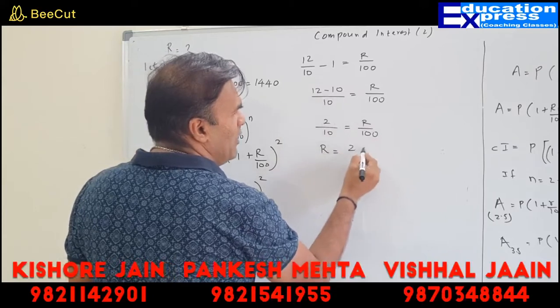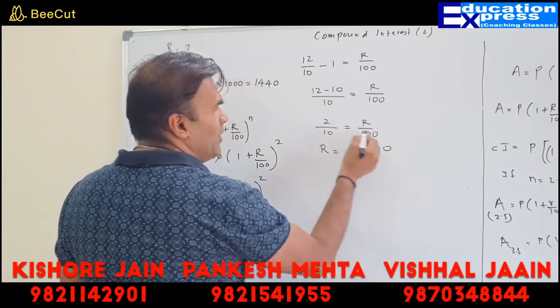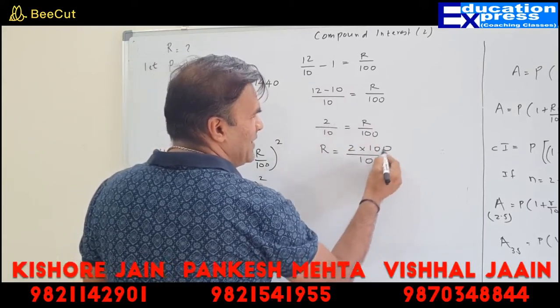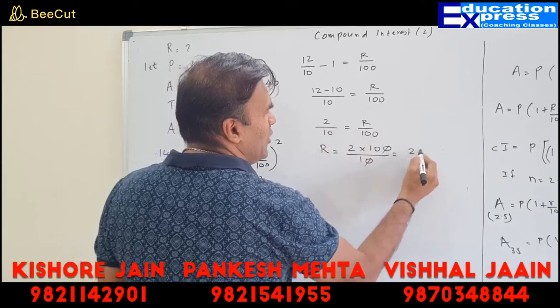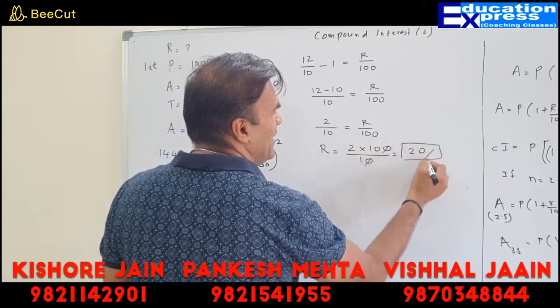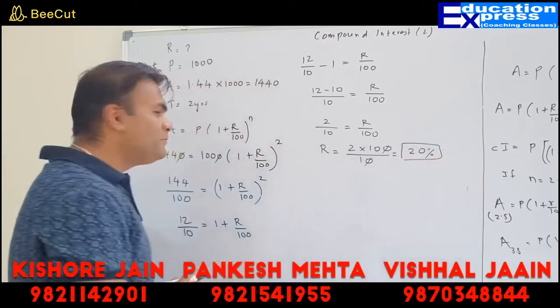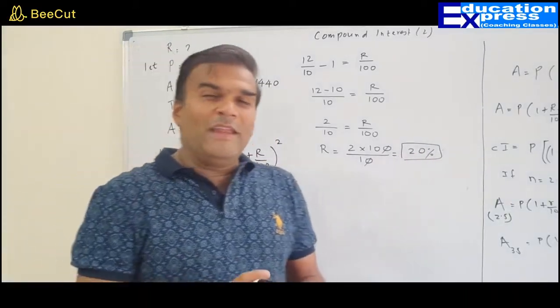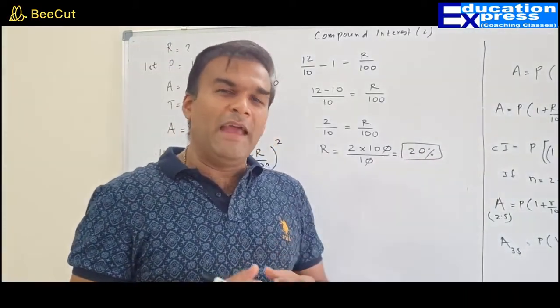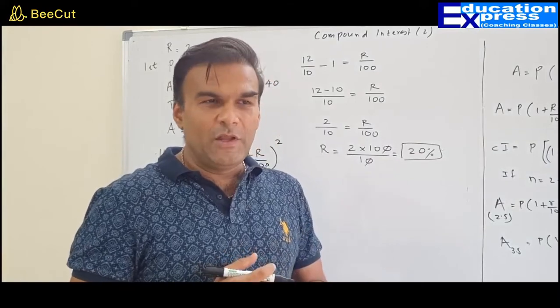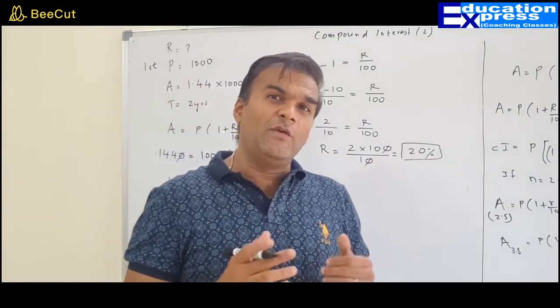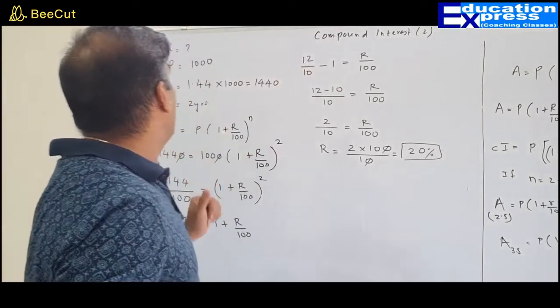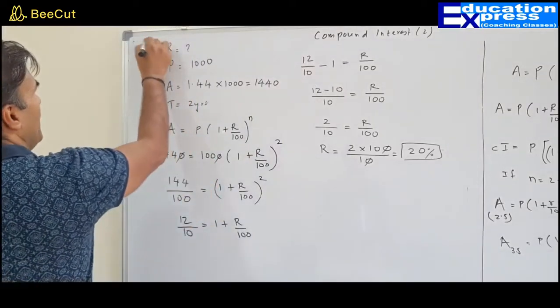So 100 will go up next to 2. 2 into 100 upon 10. 0 cancel 0. Your rate of interest would be 20%. Very easy. If you would have done by X also, you will get the same answer. If you wish to do by 100, you still get the same answer. We are done with question number 10.